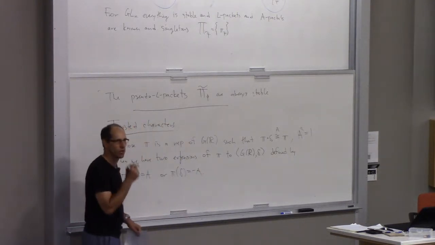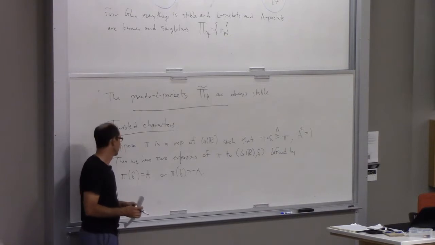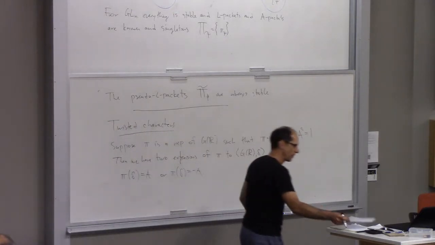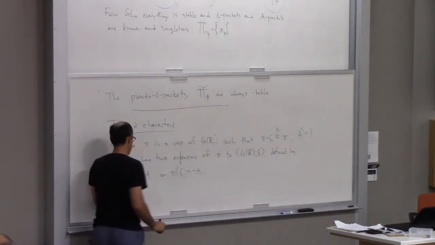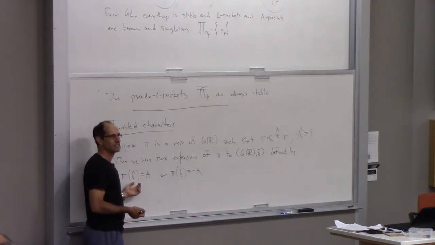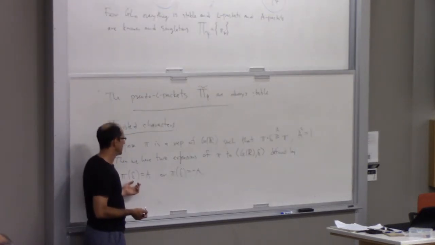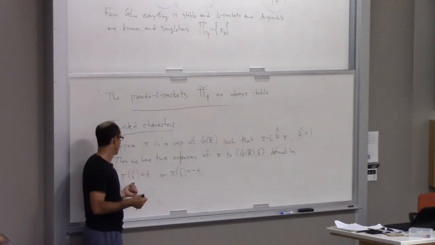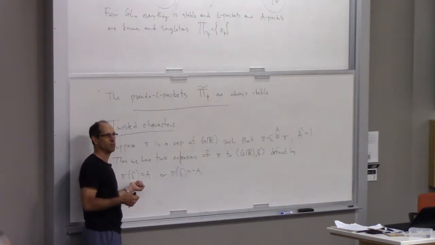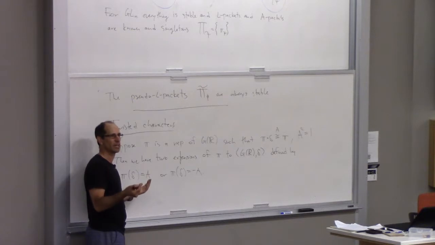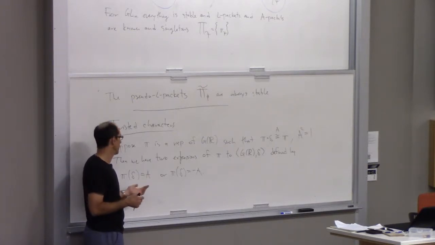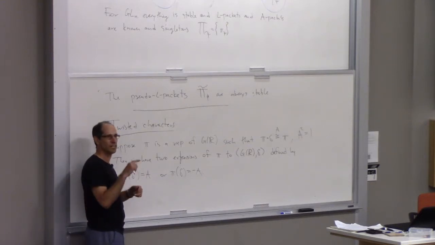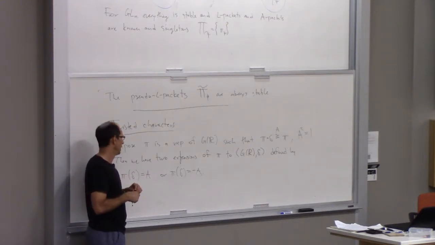And why should one choose one over the other? Well, the only way you can answer that question for something like GL(N) is if you have some sort of extra data. So Arthur solved this problem by choosing a Whittaker datum, so basically an upper triangular Borel and a non-degenerate character on the unipotent radical.